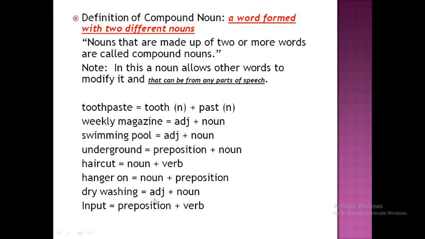Dry washing, adjective and noun, and input, preposition and verb. So a compound noun is a word formed with two different nouns or any other parts of speech. Again, a word formed with two different nouns or any other part of speech, that is a compound noun.